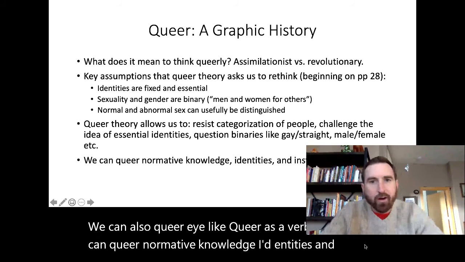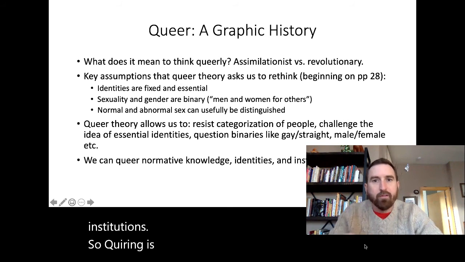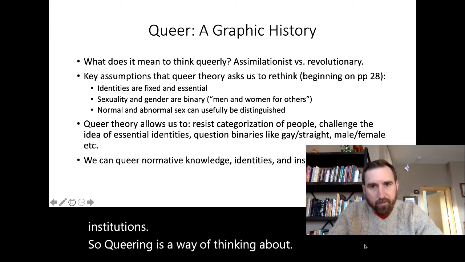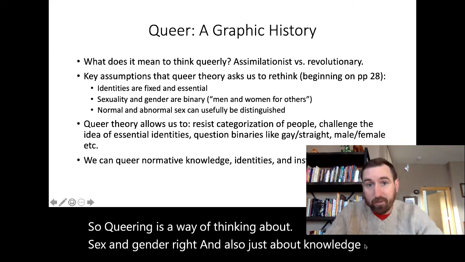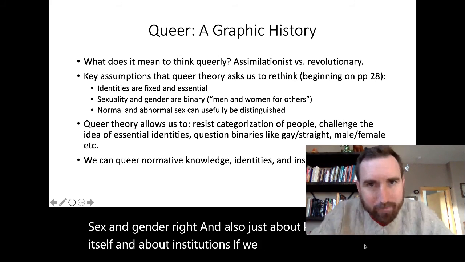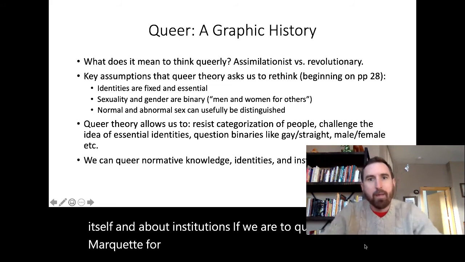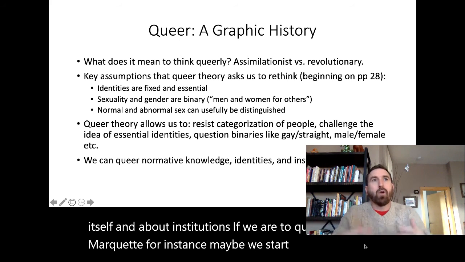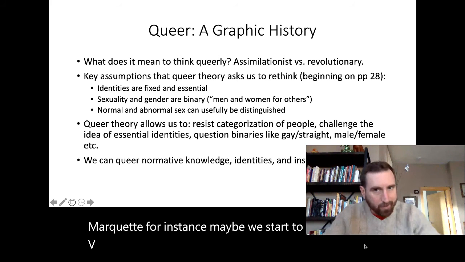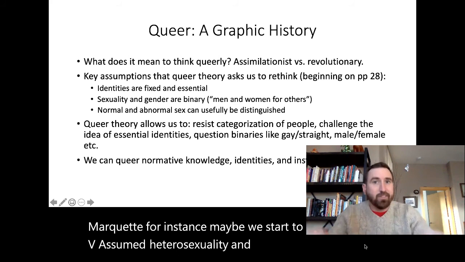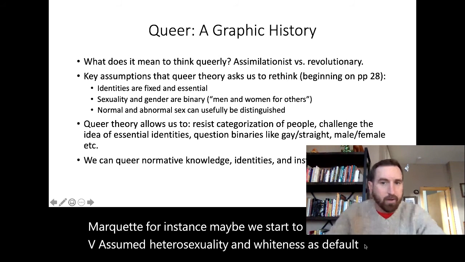So queering is a way of thinking about sex and gender, and also about knowledge itself and about institutions. If we are to queer Marquette, for instance, maybe we start to grapple with the assumed heterosexuality and whiteness as default positions at Marquette.